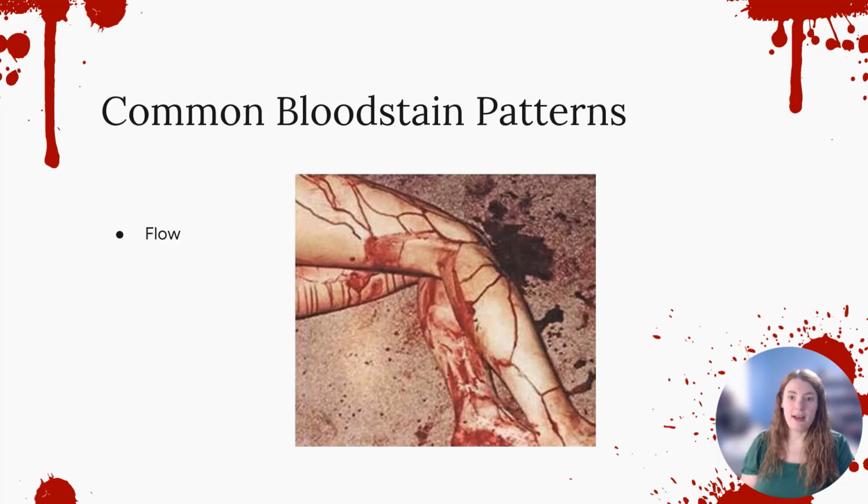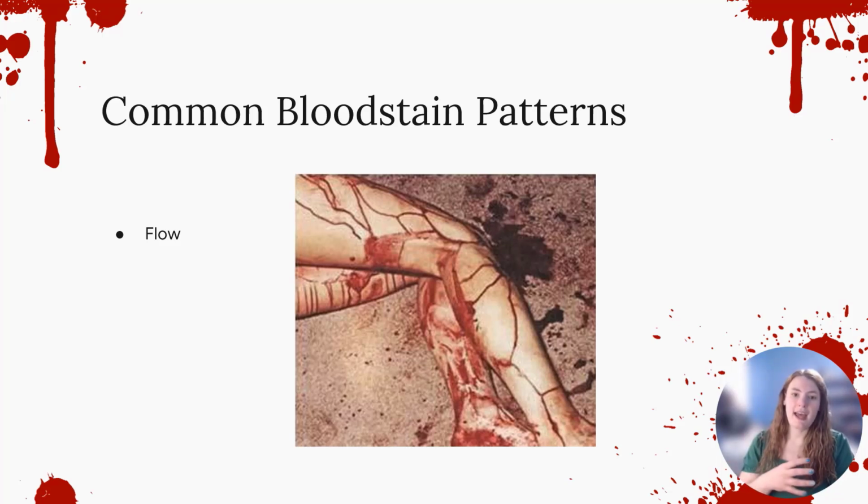For example, a victim that was shot in the chest while standing is going to start to have some blood flows immediately starting on their chest and moving towards their feet. If that victim then falls down to the ground at some point, the blood flow will change orientation. So it originally was going down to the feet. If I fall down to the ground, now it's going to change to drop from my chest onto the ground, however I'm laying.